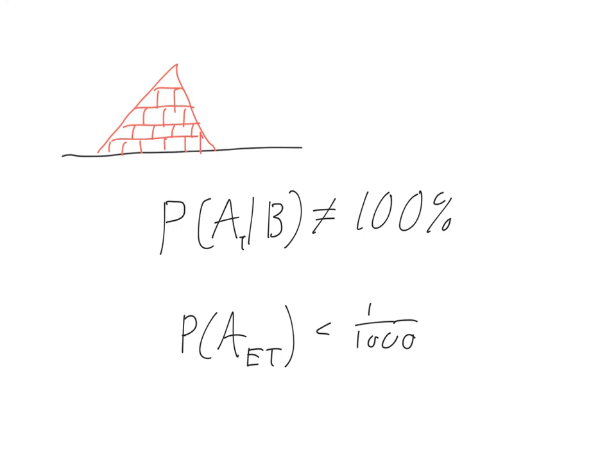For example, I gave the bound on the probability of aliens building the pyramids as less than 1 in 1,000. And the reason for that, I figured, is, well, how often is it the case that a theory is right when it has so many issues against it?